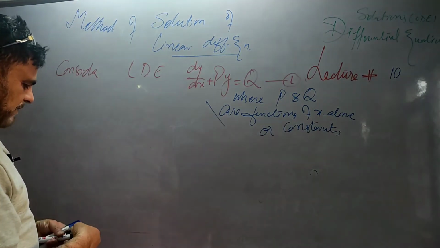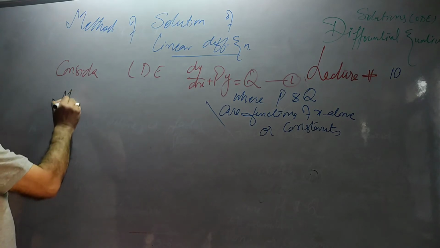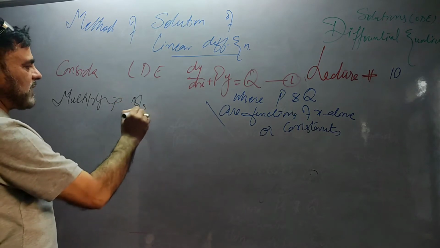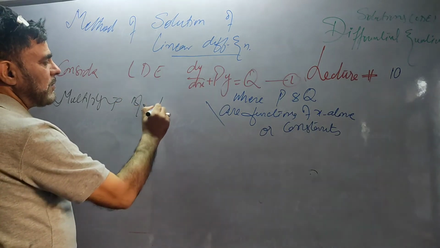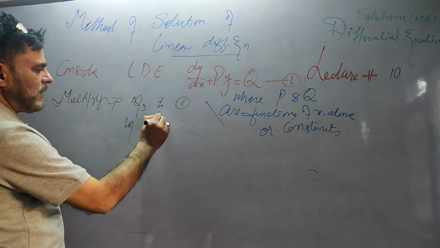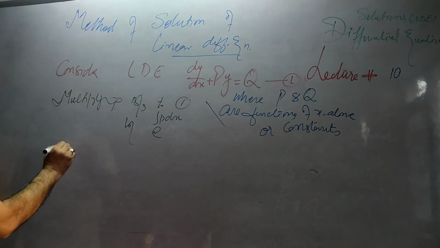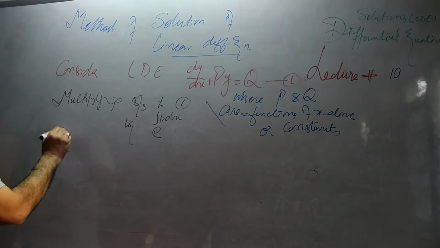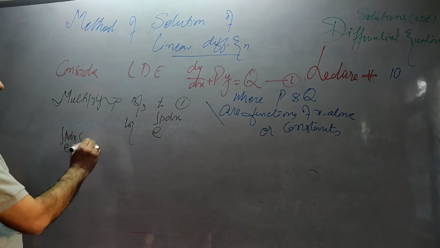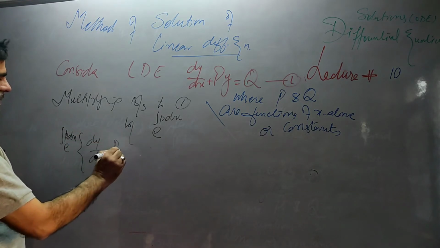Now we multiply both sides of the first equation by this factor e raised to power integral of p dx. When we multiply both sides, what do we get? It is e raised to power integral of p dx times dy by dx plus py.